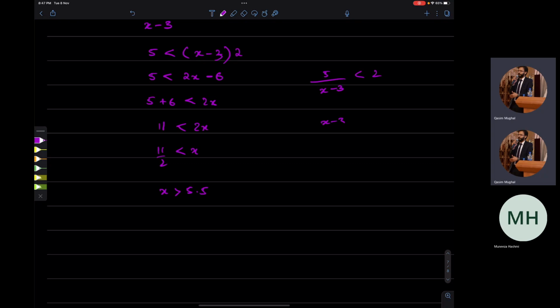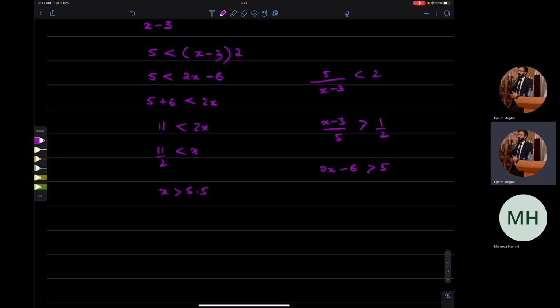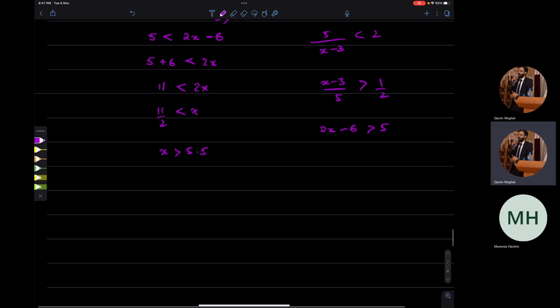The answer in the back is the same, so you did do it correctly. I don't think there's more to it. Yes, but I think we need to find a set of values, and that's just x is greater than 5.5. Okay, maybe the examiner is being generous over here by giving 6 marks for this piece of cake. Or maybe it's a typing error.